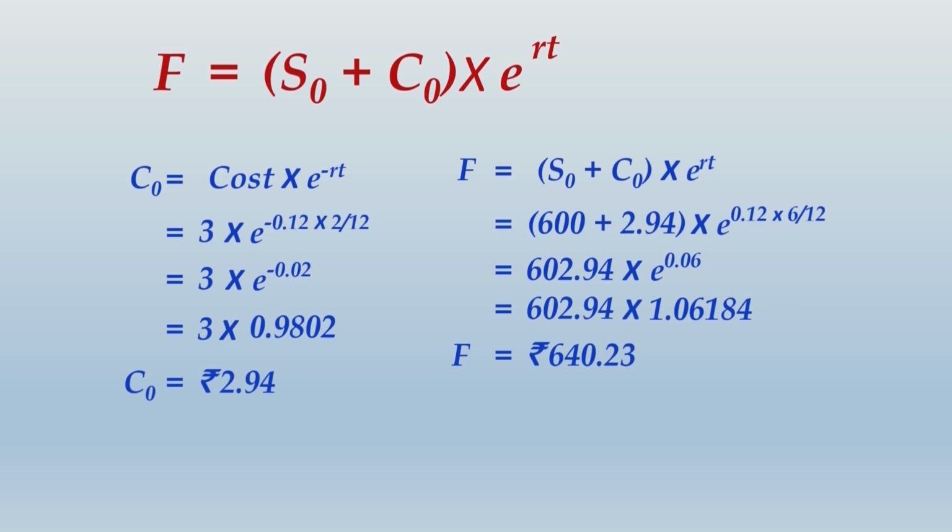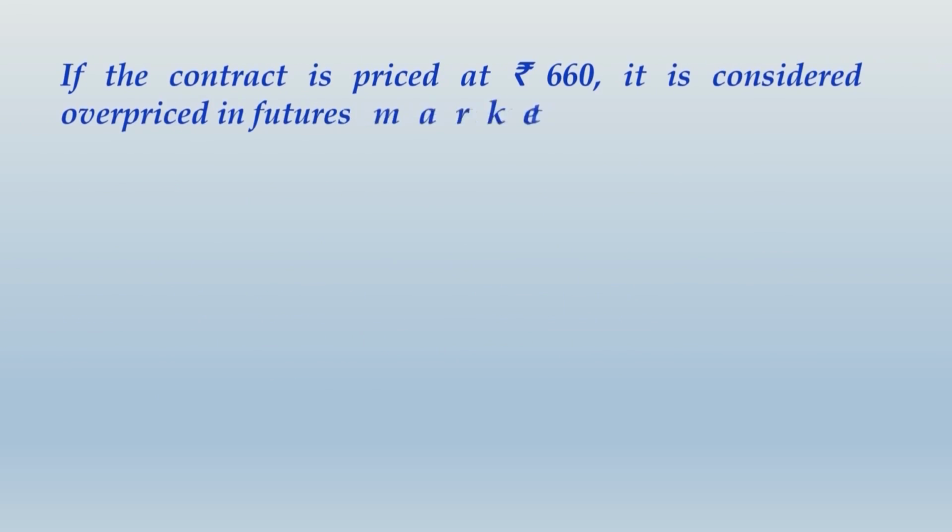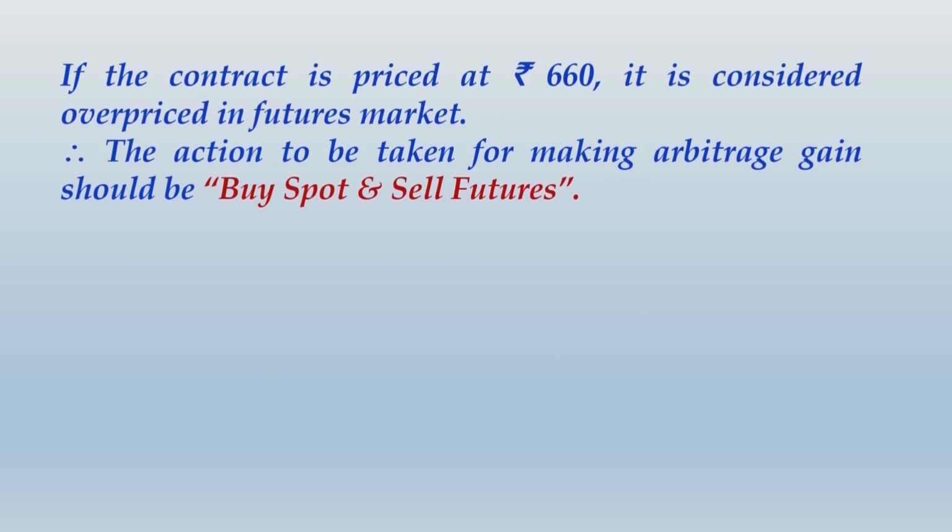Alright friends, let us move ahead. After calculating the fair futures price, you compare it with the actual futures price given to you. The first price given is rupees 660, which is greater than the fair futures price we have computed, so we find that gold is overpriced in the futures market, and it will be better to sell in the futures market.